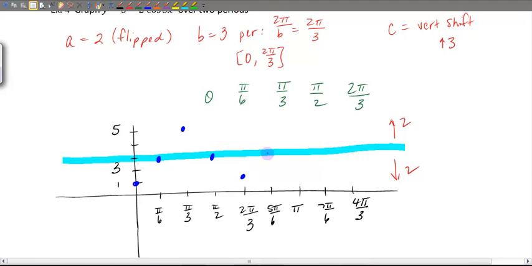We can keep going. We cross, we peak, we cross, we end low. Now we're just going to connect these into a smooth curve. And you can see that we still have our cosine function. It's just been shifted up by a value of 3. And that's how you handle a vertical translation.